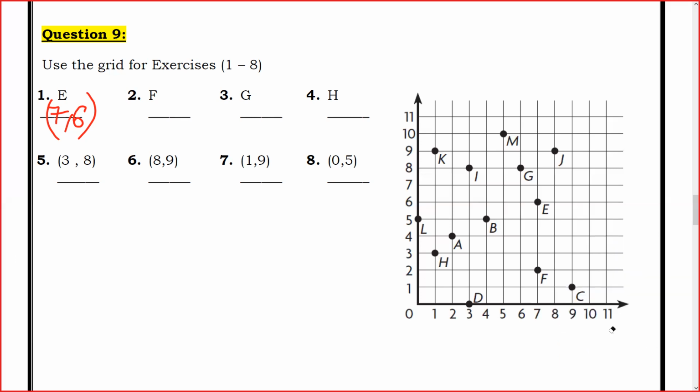Muna, are you here? Yes, Muna. Now point F. Could you tell me what is the coordinate of point F? 7, 2. Good job.